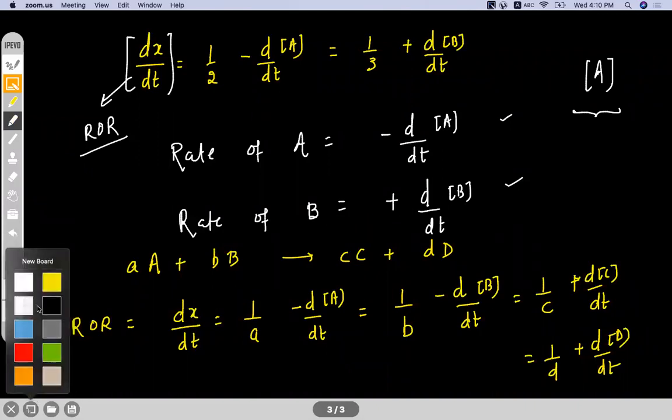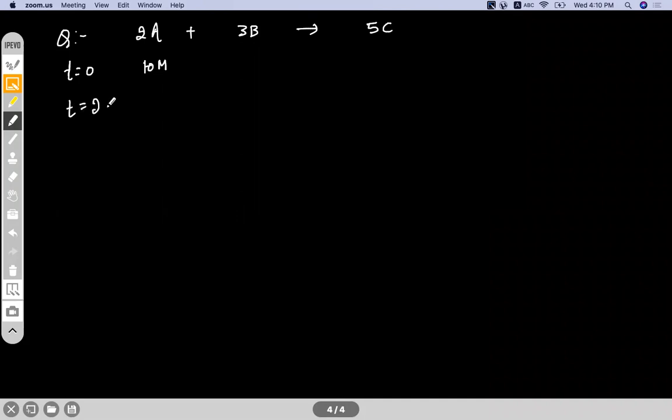Now you see a few questions on this. The question is, we have a reaction, say 2A plus 3B gives 5C. At time t equals 0, A is 10 molar, and at time t equals 20, in any unit, say seconds, this becomes 5 molar.